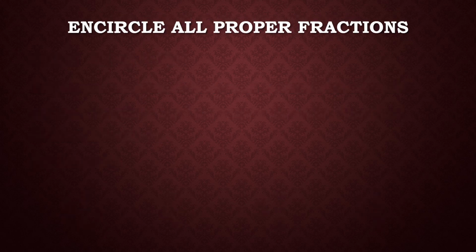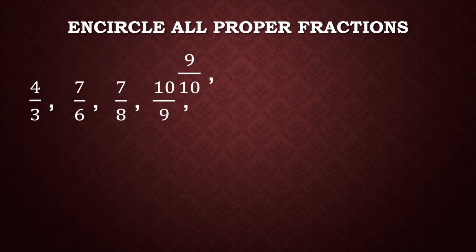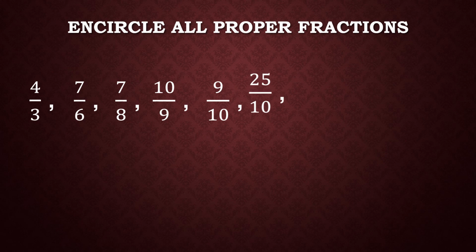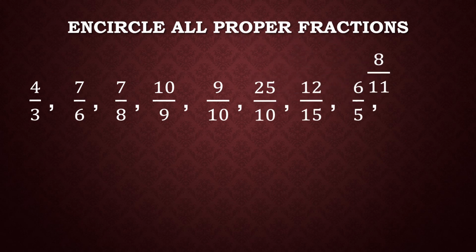Let's practice. Encircle all the proper fractions. 4 upon 3, 7 upon 6, 7 upon 8, 10 upon 9, 9 upon 10, 25 upon 10, 12 upon 15, 6 upon 5 and 8 upon 11. Let's recall proper fractions.